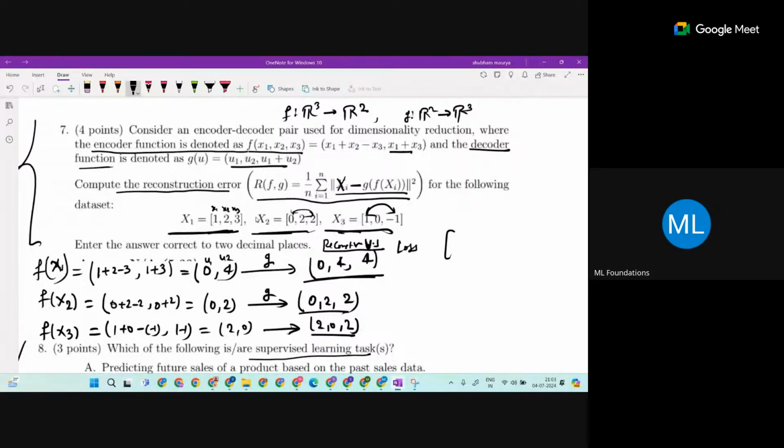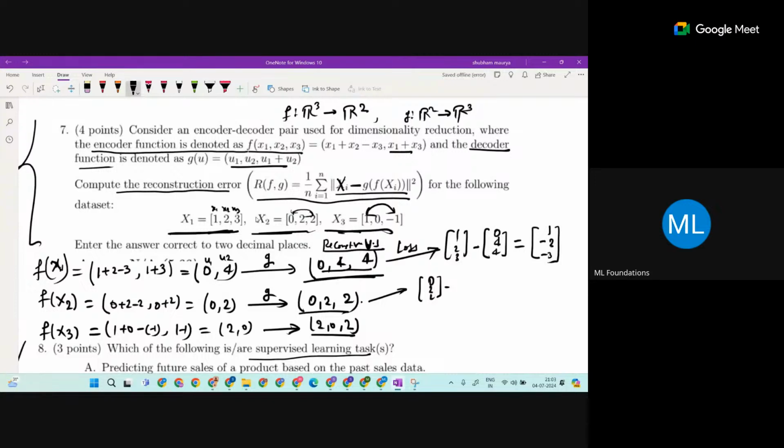So we have 1, 2, 3, and the reconstruction is 0, 4, 4. So the error vector is going to be what? 1, minus 2, and minus 3. This is for the first one. Sorry, minus 1. For the second one, the original one is 0, 2, 2.